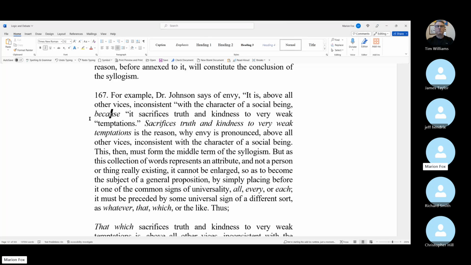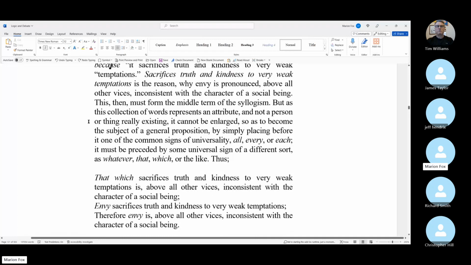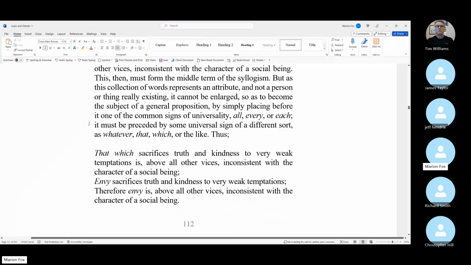It must be preceded by some universal sign of a different sort, as whatsoever, that which, or the like. So he changes the wording to put it into a syllogism: that which sacrifices truth and kindness to very weak temptations is, above all vices, inconsistent with the character of a social being.